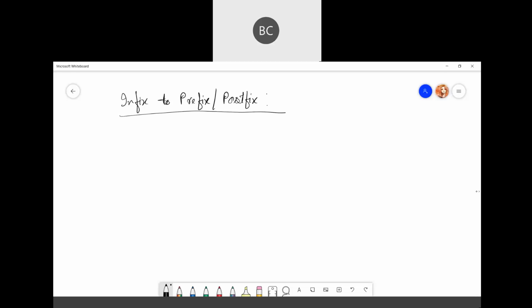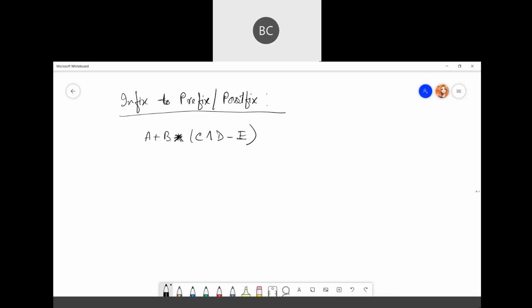So what is infix? Any notation which is in this normal form is an infix. For example, this is your infix notation. By following the convention, exponential has the highest priority.